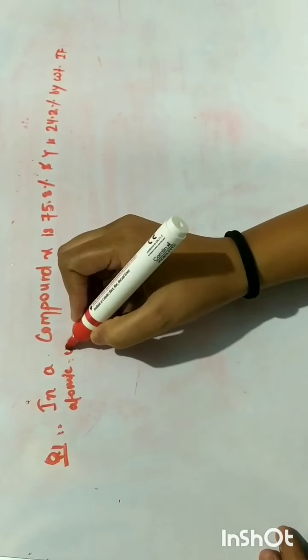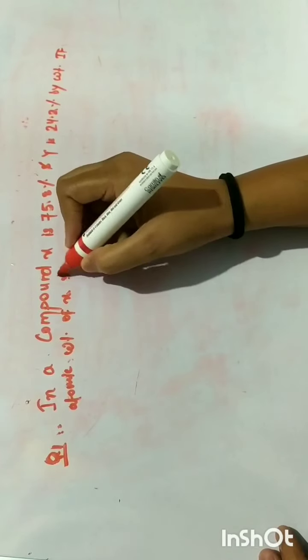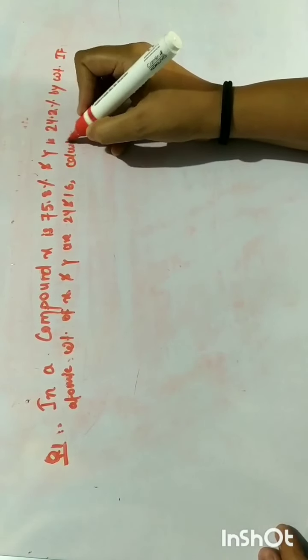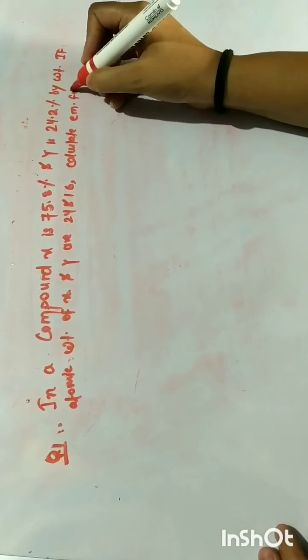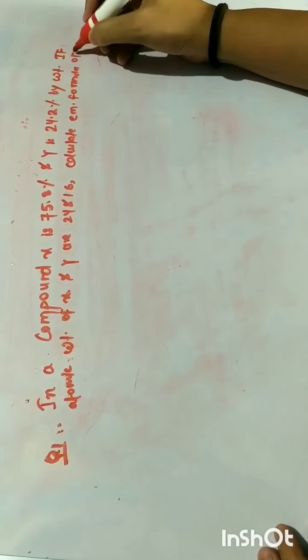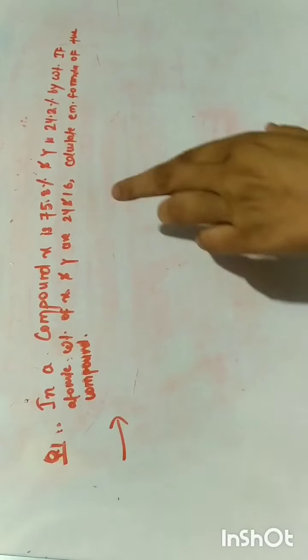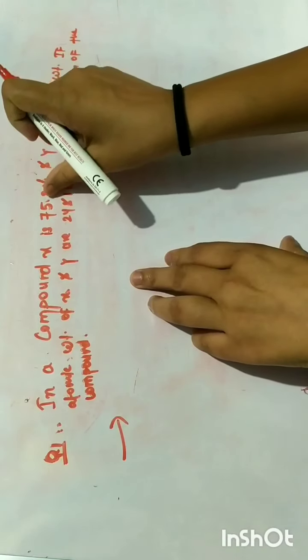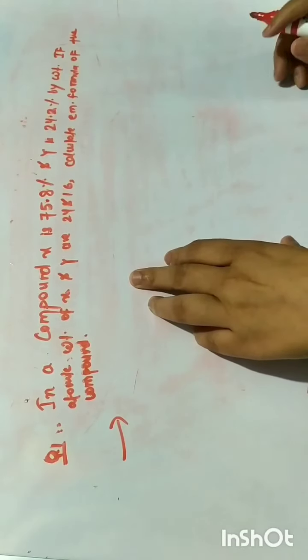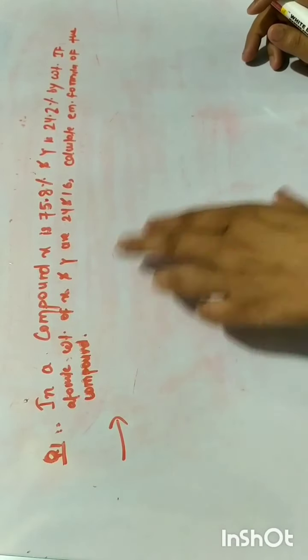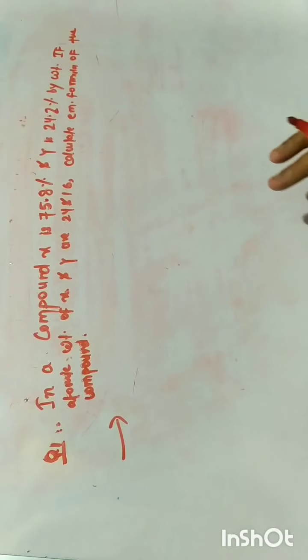If the atomic weights of X and Y are 24 and 16, calculate the empirical formula of the compound.